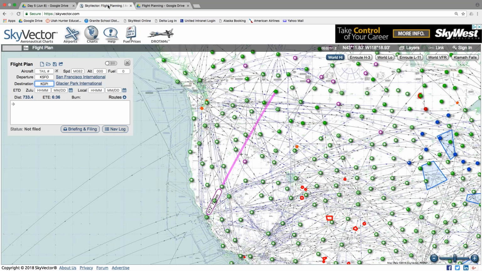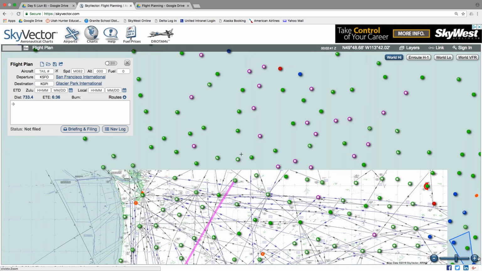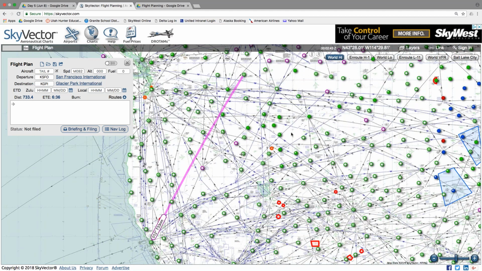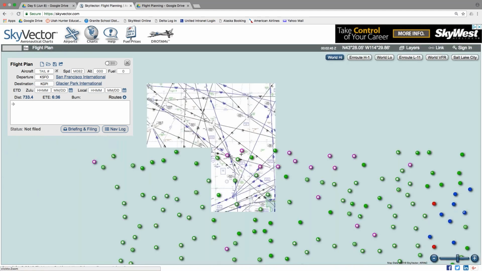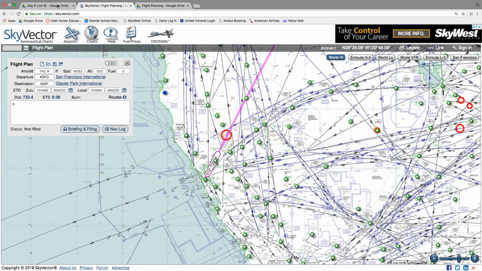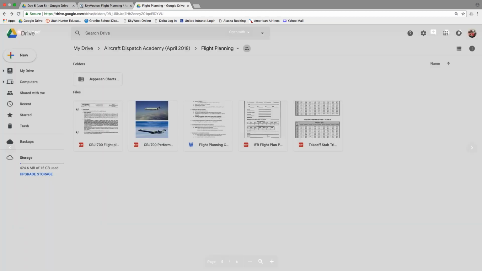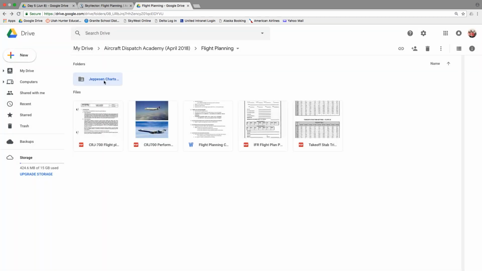So now in Skyvector, I can go in and I'm gonna actually plan my route here. So this is the route that I'm actually going to use. So I can zoom in here, and we're gonna go to the San Francisco charts, and we're gonna pick out a SID and a STAR first.